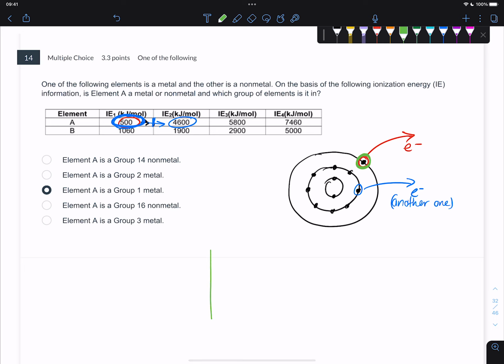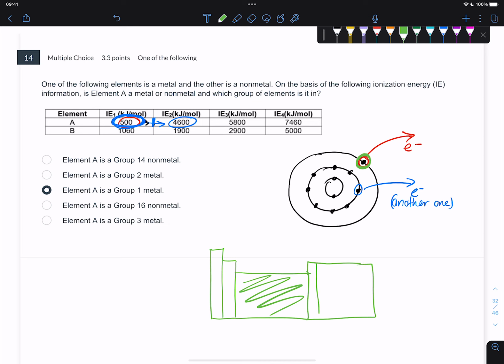So if you remember how the periodic table is set up, kind of like this, and you've got the D block and all that stuff. The D block is not going to be important, so we'll just scratch it out for this purpose. And then you have the P block. 1, 2, 3, 4, 5, 6.